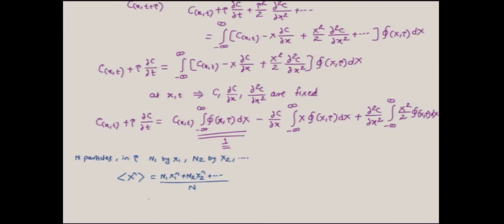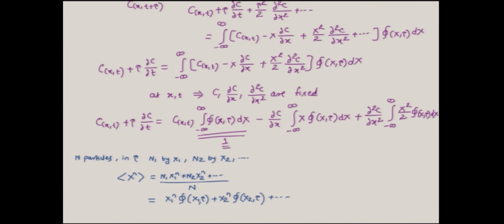So, this way we can write this as x1 to the power n times phi of x1 tau plus x2 to the power n times phi of x2 tau, and so on.